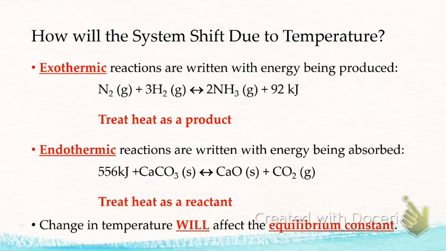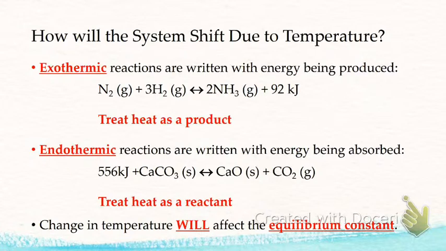Now, this is the only thing that will affect the equilibrium constant: a change in temperature. It will change your constant. Which makes sense again if you go back to that equilibrium expression of products over reactants. I'm not changing any of the concentrations, whichever side my heat is on.